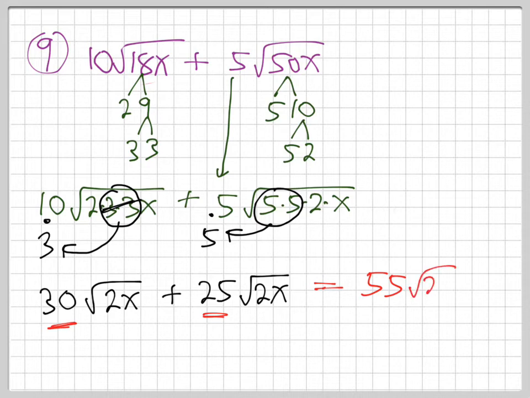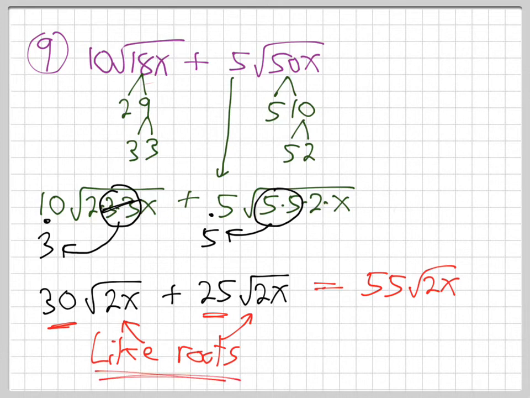What do you do with the root? Nothing at all. You just keep it as it is. These are like roots. Their roots match exactly. So once you've got like roots, you just add the numbers in the front. But you have to go through all that simplifying first.